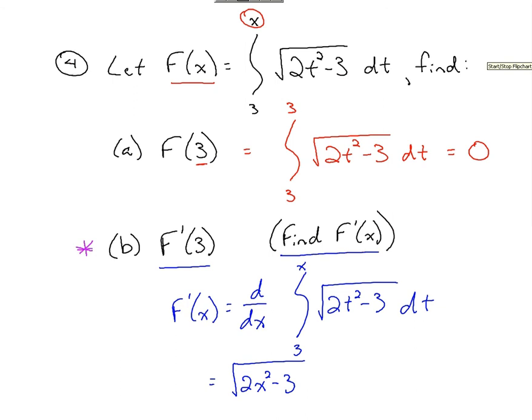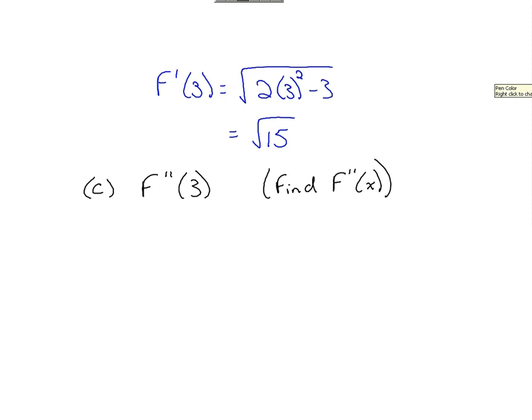So we know that f prime of x equals the square root of 2x squared minus 3. So let me bring that over here. F prime of x equals the square root of 2x squared minus 3. Find the second derivative. We're taking the derivative of the first.